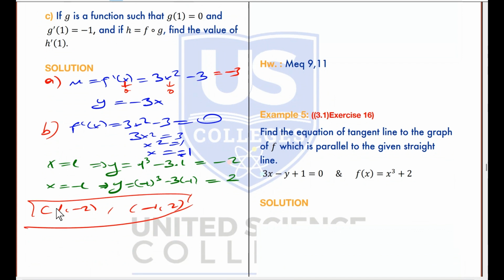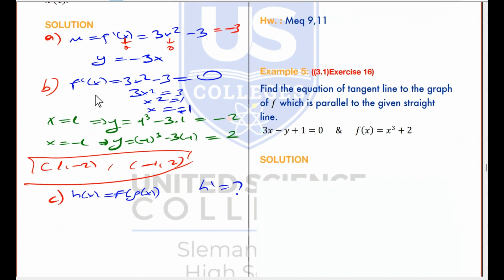Last part, part C. Part C is really smart. Let g be a function such that g of 1 is 0. Then g prime is given, and the composition is given. H of x equals f of g of x. So that's the composition. We're asked to find h prime at 1. So remember how to find the derivative of composite functions.